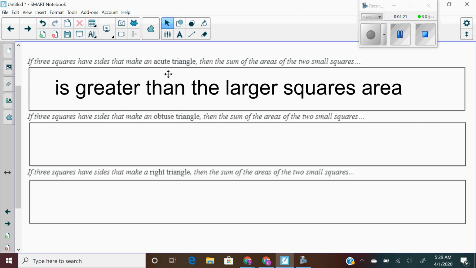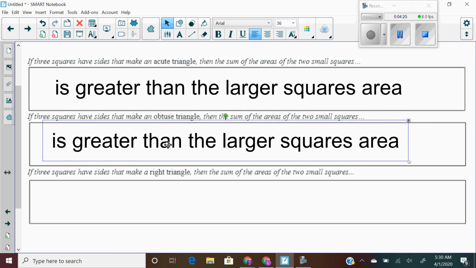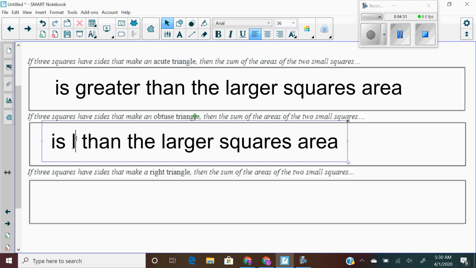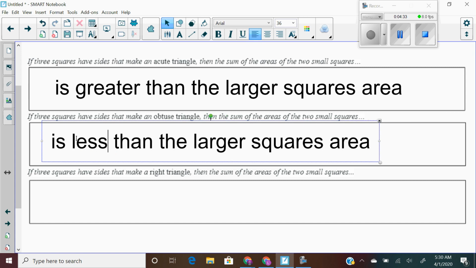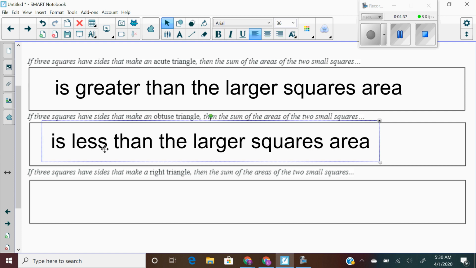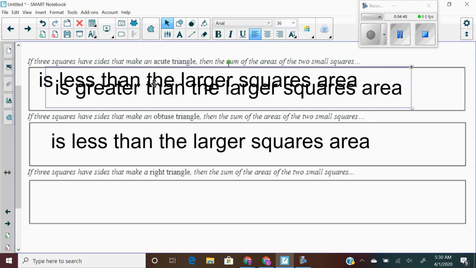If they make an obtuse triangle, again, I'm just going to clone that, it's the opposite. The two small squares' areas sum to less than the large square's area. And if they make a right triangle, and this is actually the most important part of what you're going to do in the next lesson, they're equal.